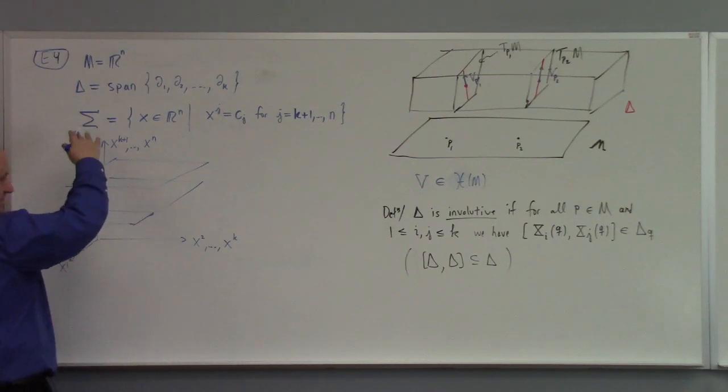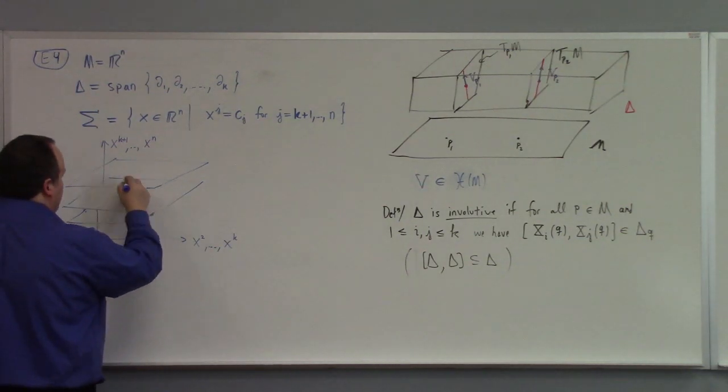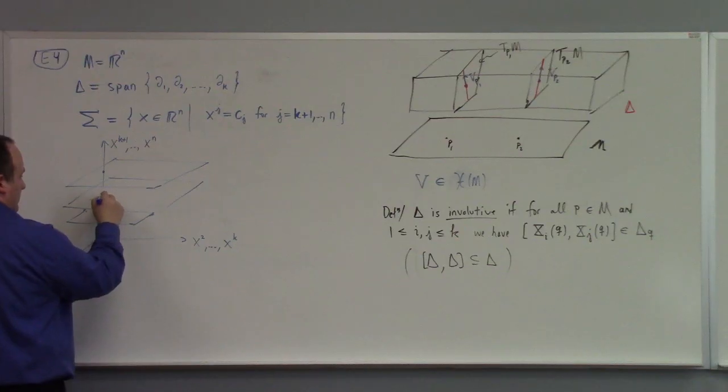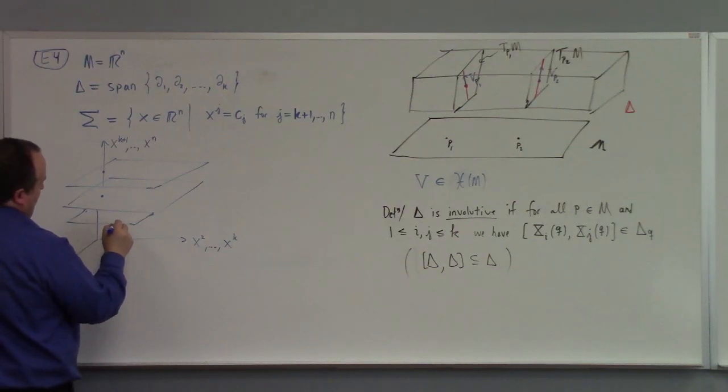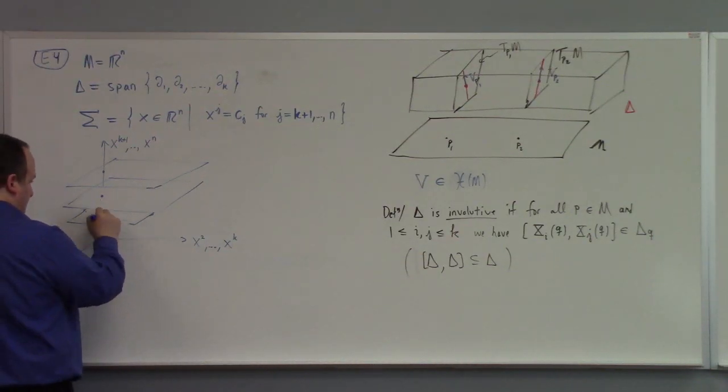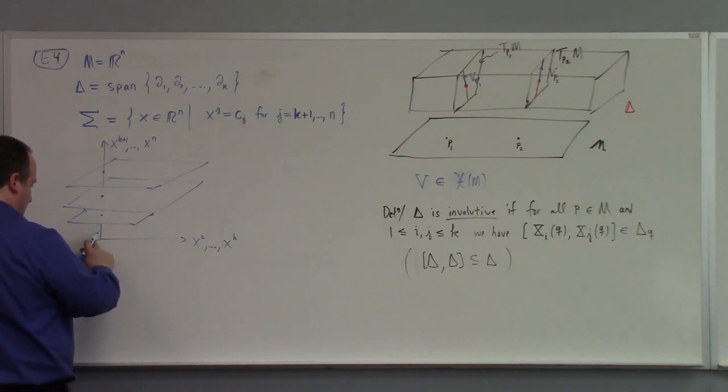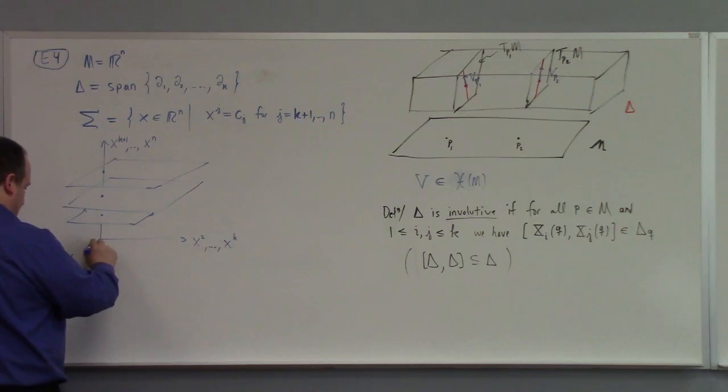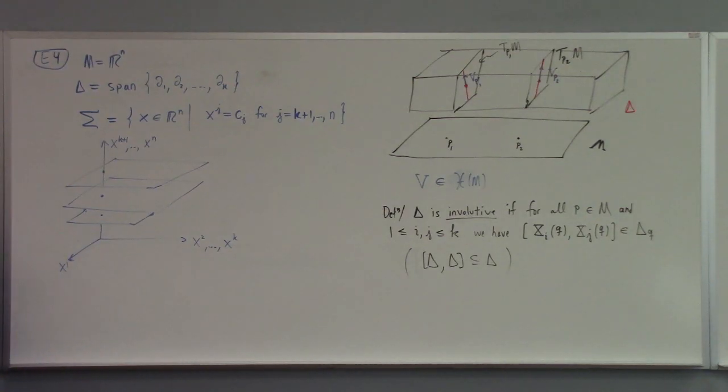There's a stack of them, one for each value of the constants. Something happened to my axis along the way here somewhere. Don't look at it, it's hideous. All right. So there's a stack of these integral submanifolds to this distribution, and they fill out all of Rn.